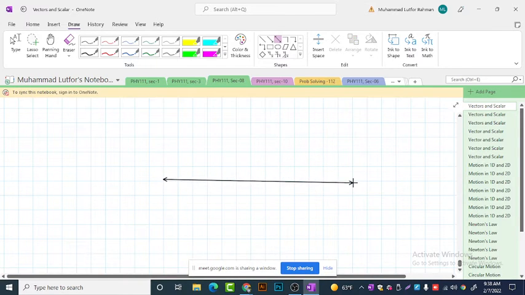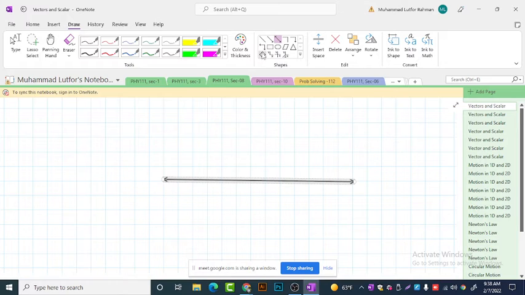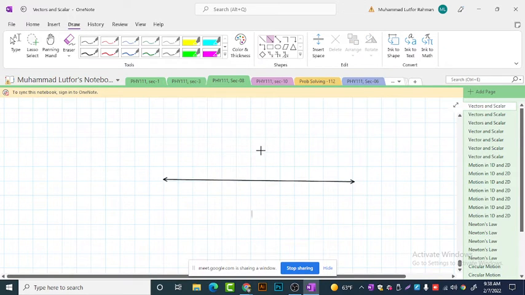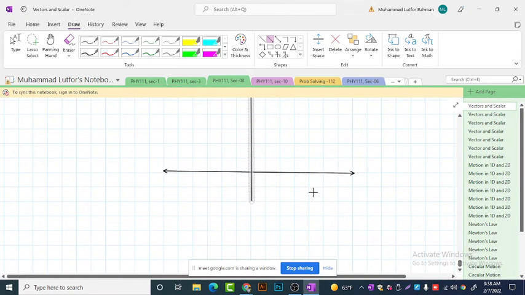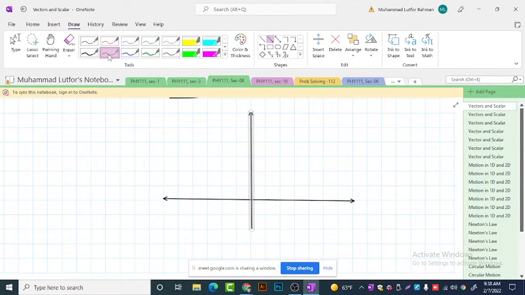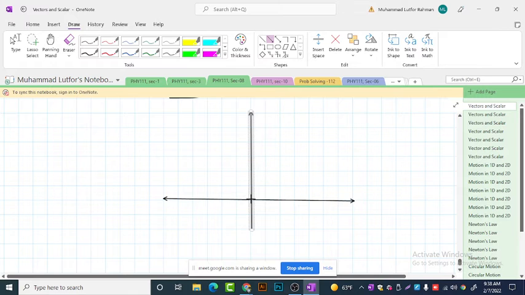So say this is an axis I'm choosing over here. I have a vector towards that. One vector is in that direction, and another vector in that direction.